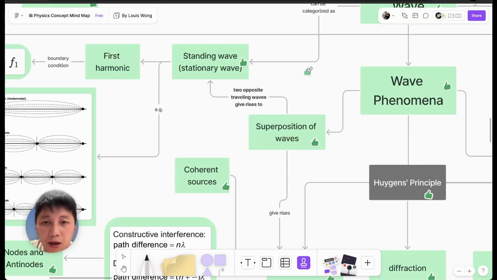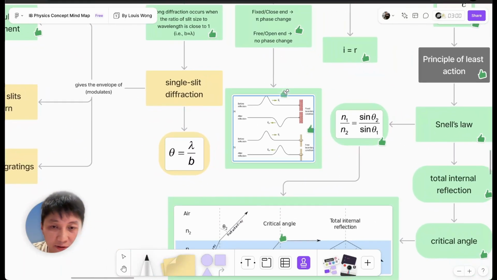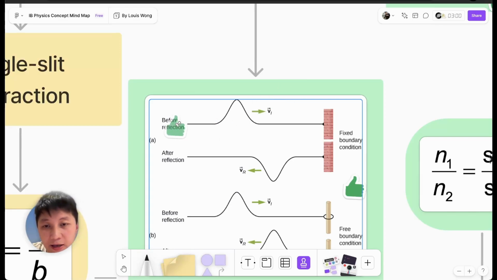The formation of a standing wave is actually very often asked, and there are some words that you need, such as the word superposition of waves. Imagine a wave going through to one side, and then it will be reflected. Remember it's not just one pulse, maybe a continuous wave.